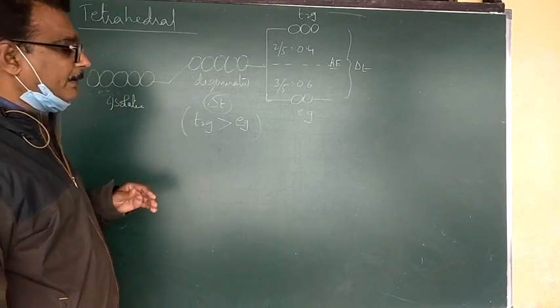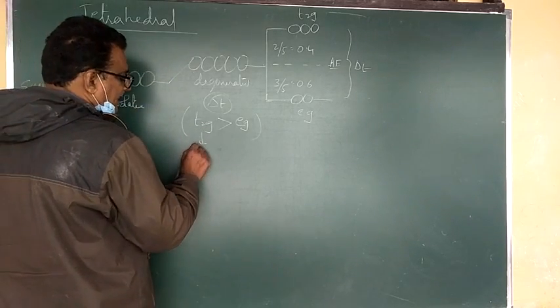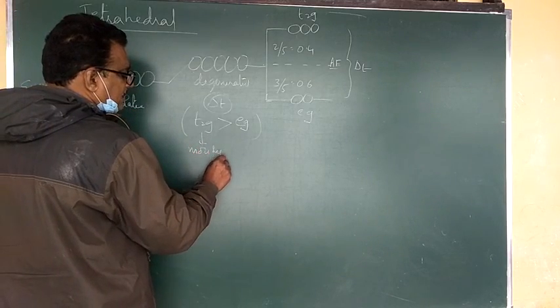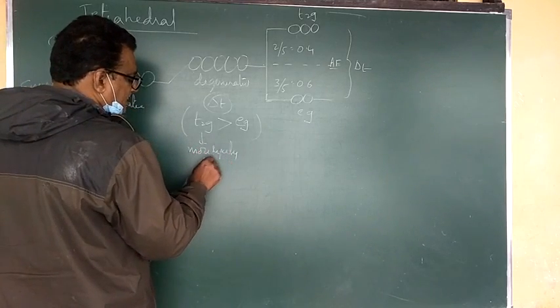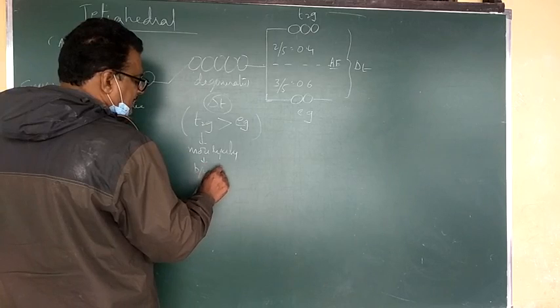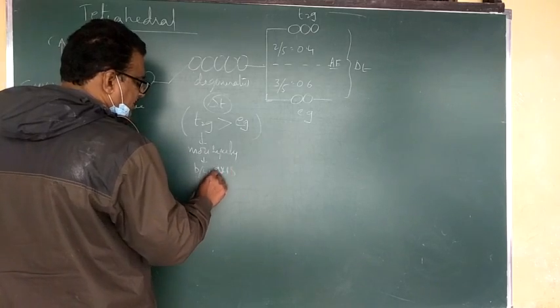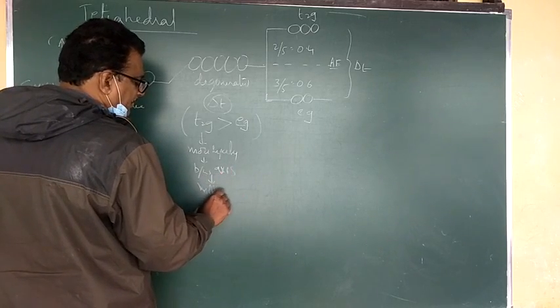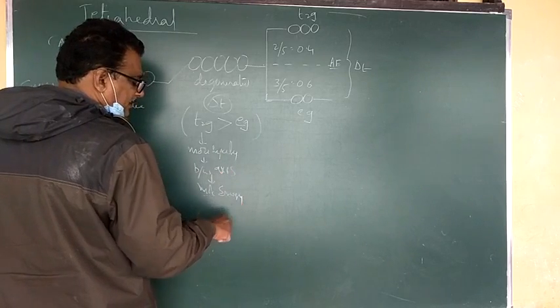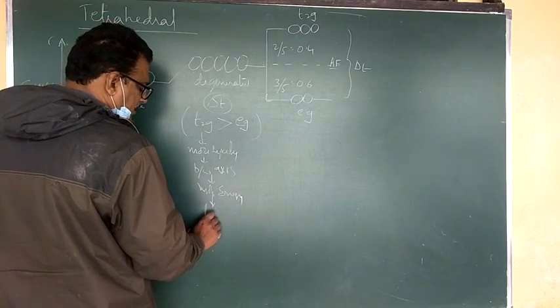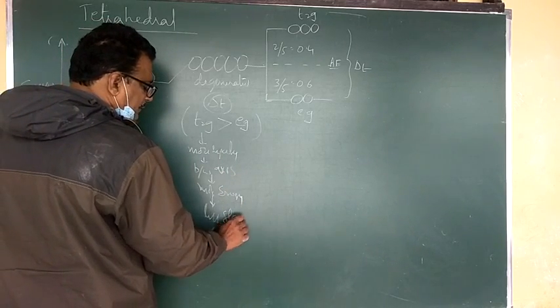Therefore T2g has more repulsions, between the axes. More repulsion means more energy, and more energy means lesser stability.